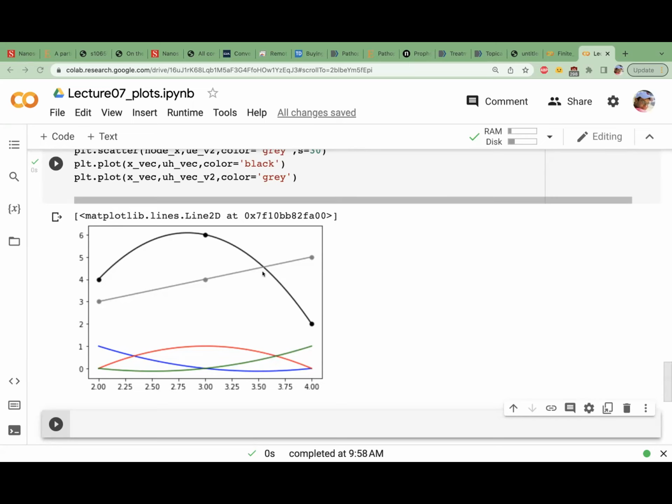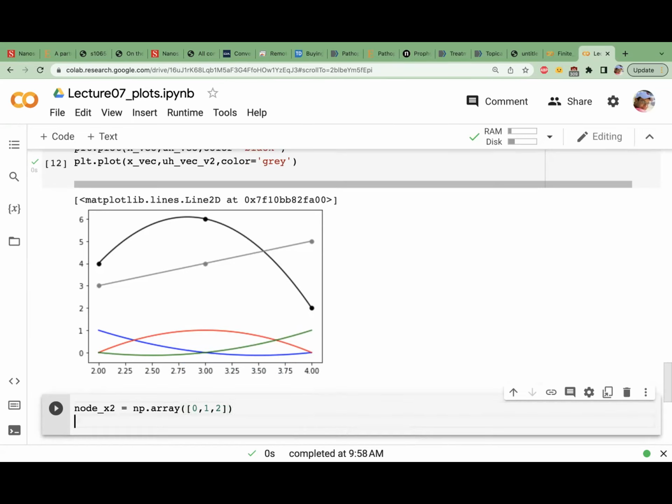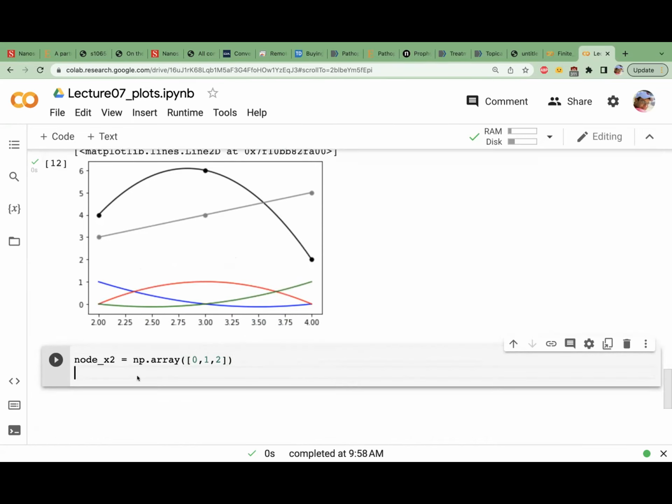Cool. About doing it with 2 elements, you can do 2 elements. So let's say that we have another node x2, 0, 1, 2. So it's another element that is given by those 3 coordinates. The last plot.